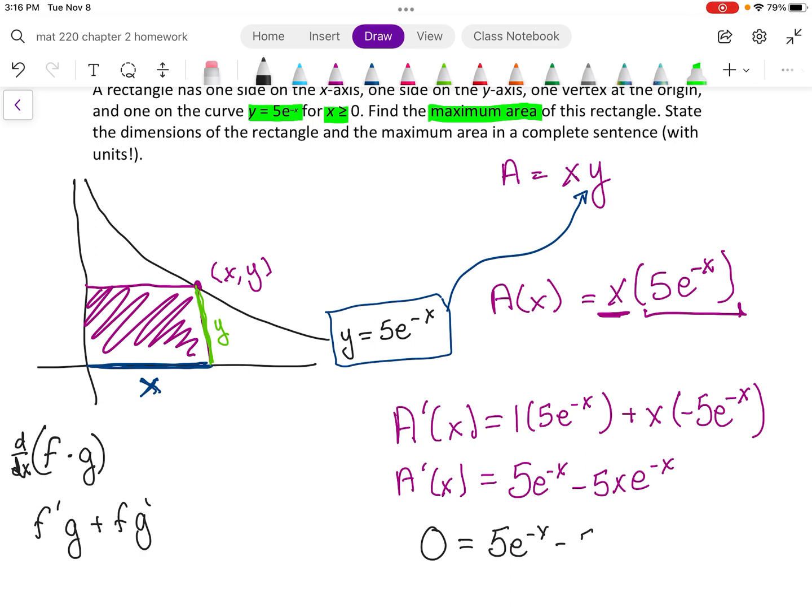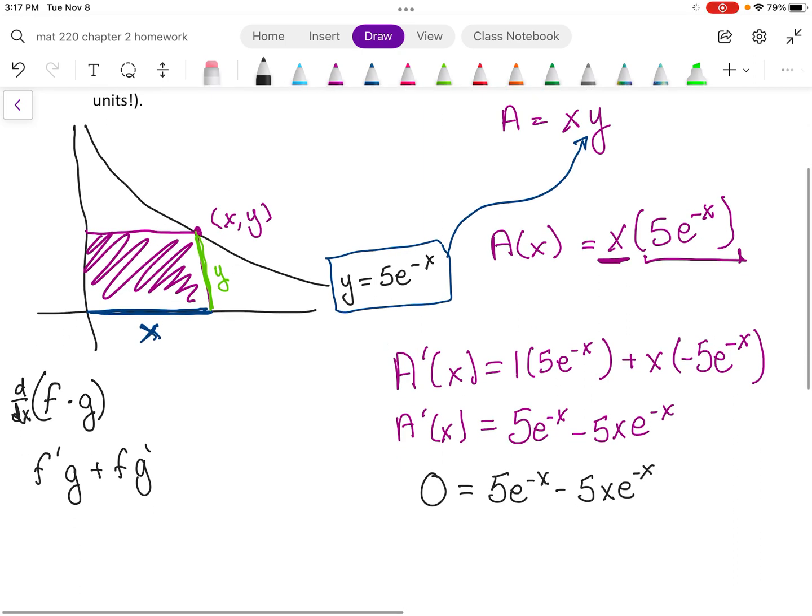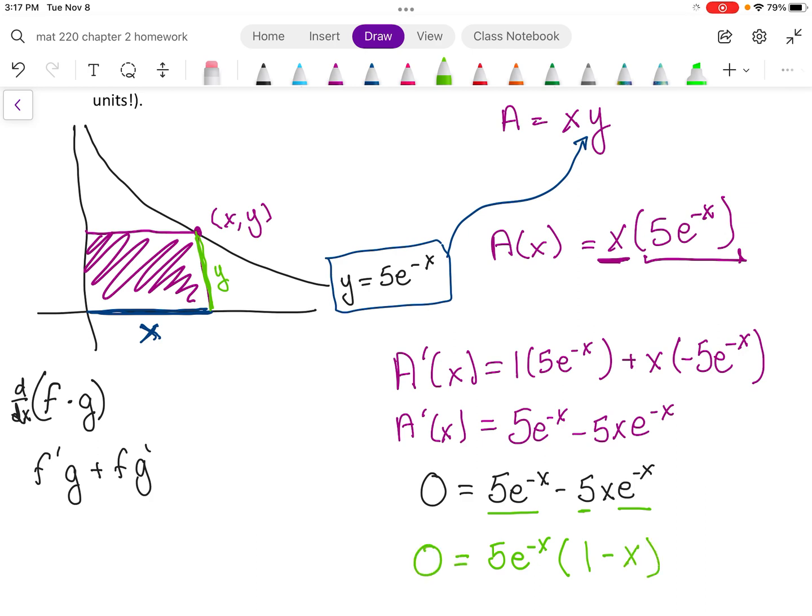You might be going, oh, I need to pull out my calculator. But it's actually less scary than you think. We have a 5e to the negative x here, and a 5e to the negative x here, so I can factor that out, and I'd be left with 1 minus x. And now all of a sudden I have an equation that I could just solve by factoring.